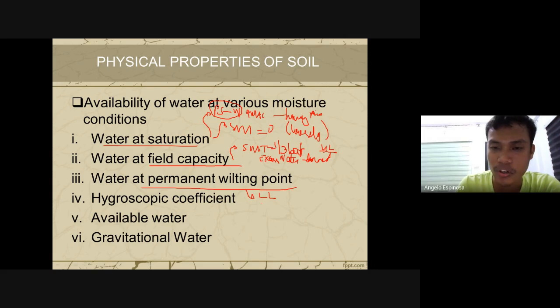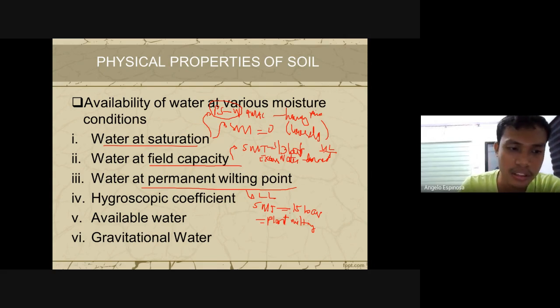So, sa baba, no? We have SMT, soil moisture tension, equals to 15 bar, which means that the point where the plant begins to wilt. Ito yung time na yung plant ay nagwi-wilt na po. Wilting permanently because it can no longer draw up the very little moisture due to very high moisture tension.